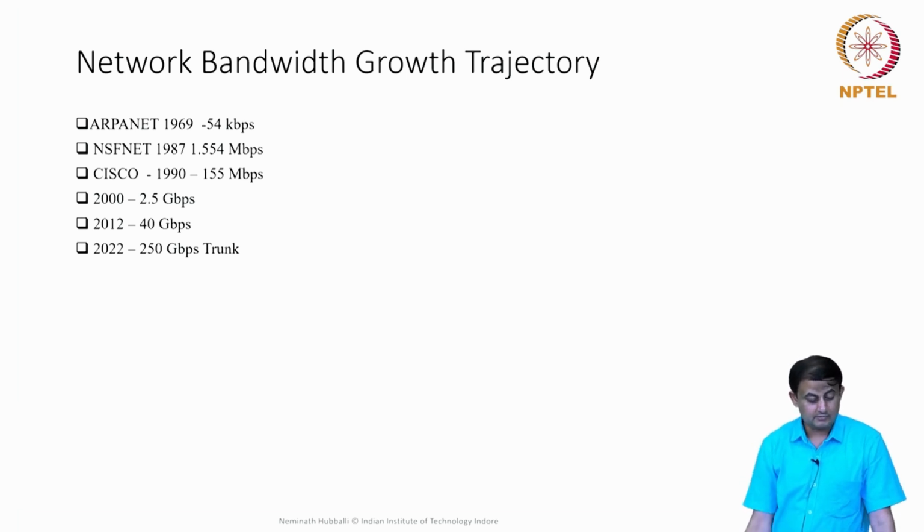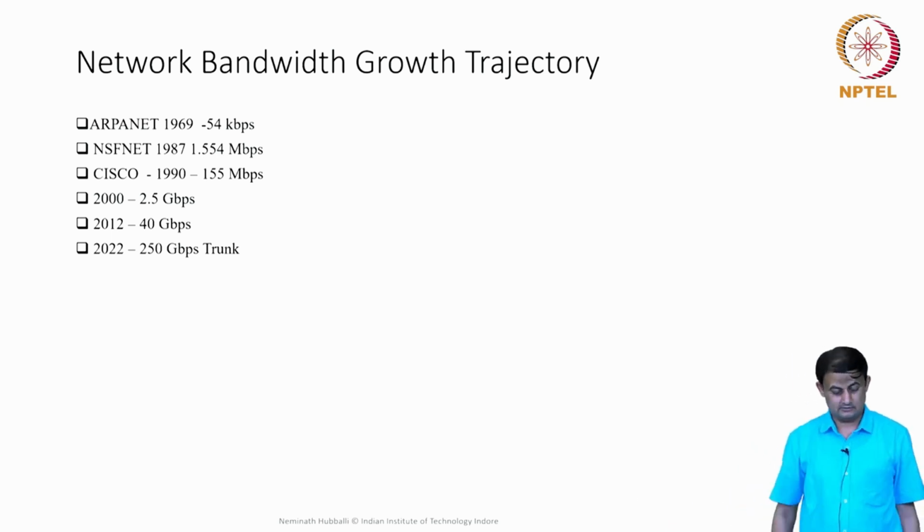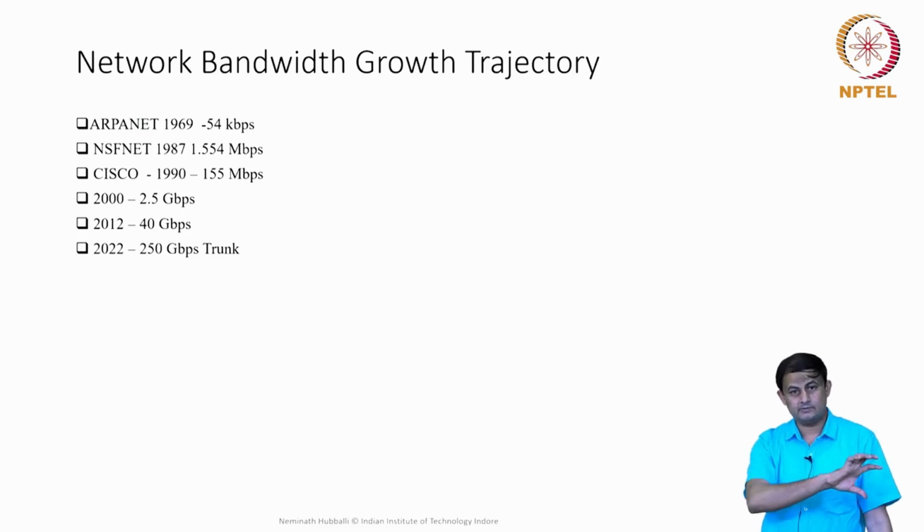In 2000 people started talking about 2.5 Gbps. I'm talking about the backbone, not the end user bandwidth. And as we speak today in 2022, people are talking about 250 Gbps of trunk speeds. Trunk speeds are between backbone routers, from one router to another in the backbone of internet service provider networks. That is the typical speed we are talking about.